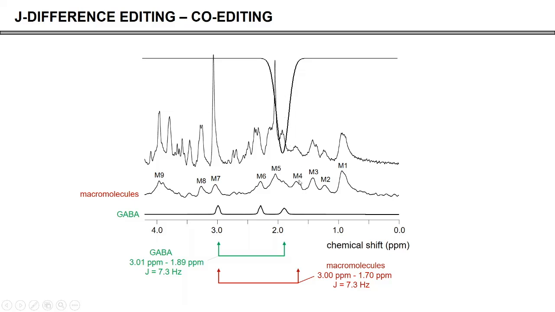Therefore, you touch M4 and therefore you partially edit out M7 as well. Therefore, the edited GABA at lower magnetic fields, 3 Tesla and lower, really is the sum of GABA plus some fraction of the macromolecules. And this is typically referred to as GABA plus to indicate that it is GABA, but there is also more underneath the edited signal. You need to be aware of this.